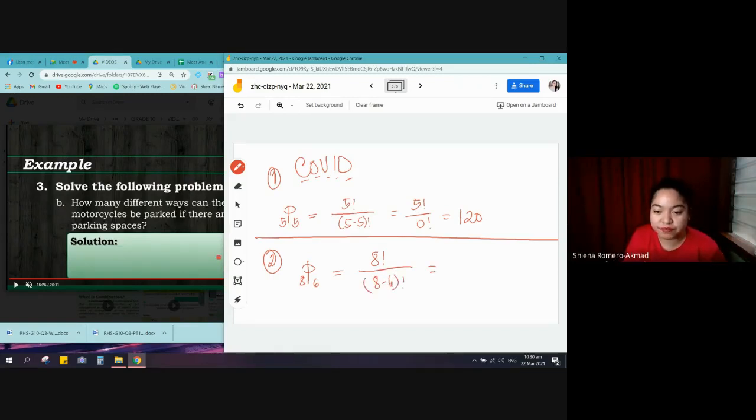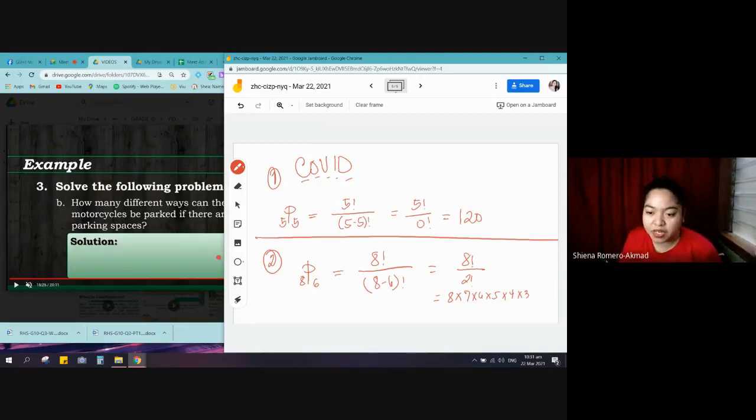So, we'll have 8 factorial divided by, what is 8 minus 6? That's 2 factorial. So you can express this as 8 times 7 times 6 times 5 times 4 times 3. Pwedeng ganyan, right?